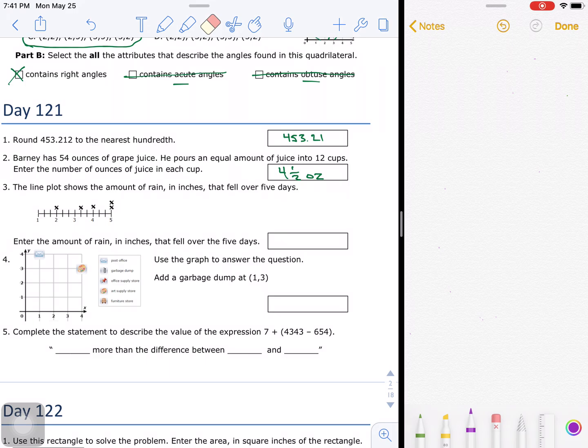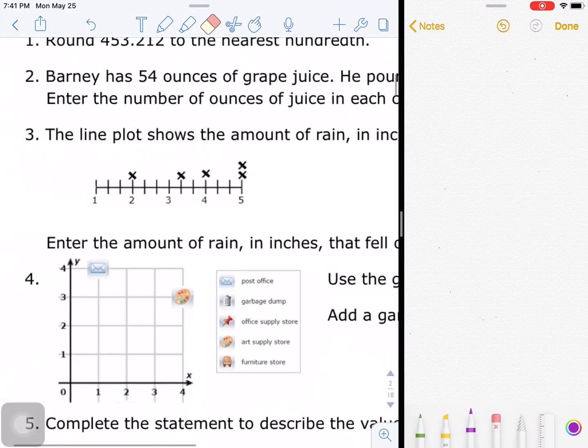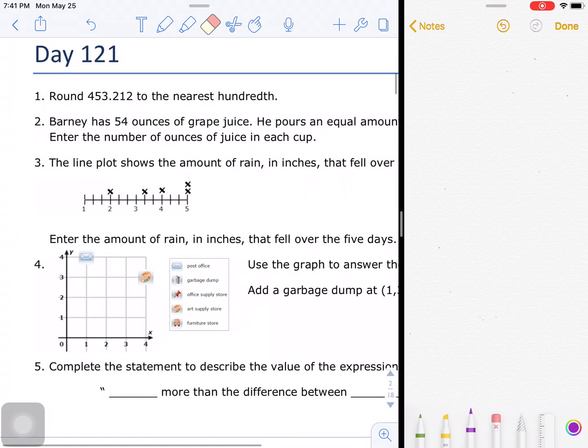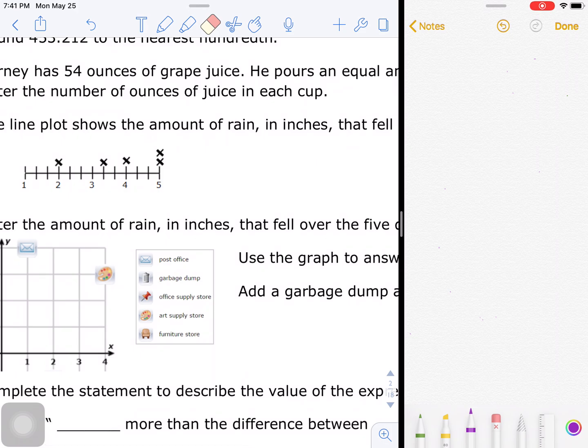The line plot shows the amount of rain in inches that fell over 5 days. I'm going to zoom in a little bit on the line plot there. And we are told to enter the amount of rain in inches that fell over those 5 days. So we're going to have to add 5 things up. And I'm going to write my expression. So I have 2 inches.